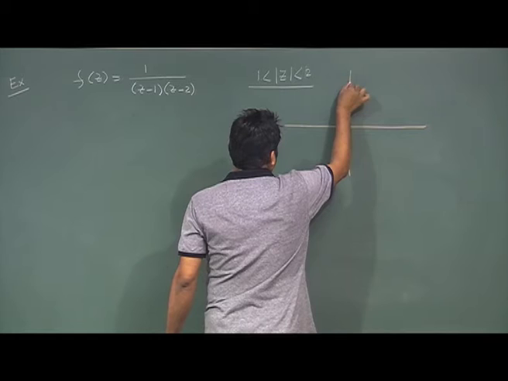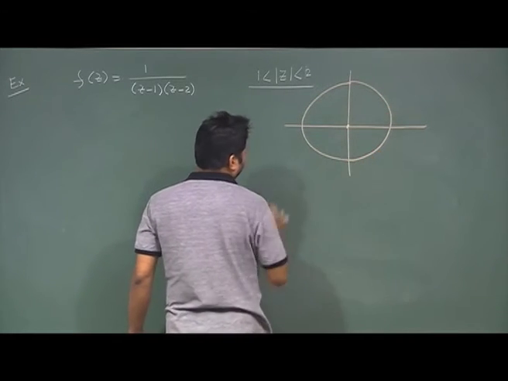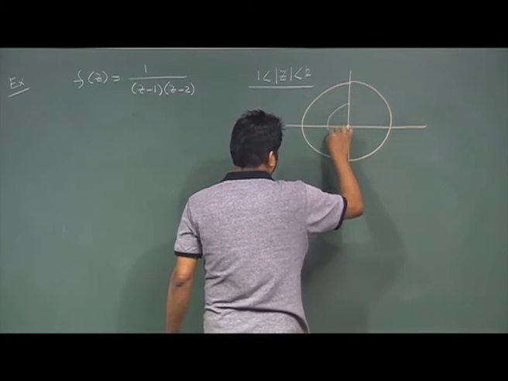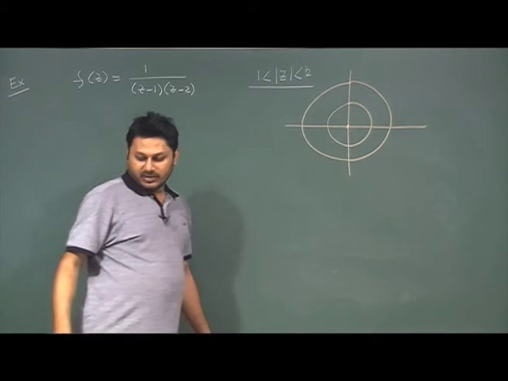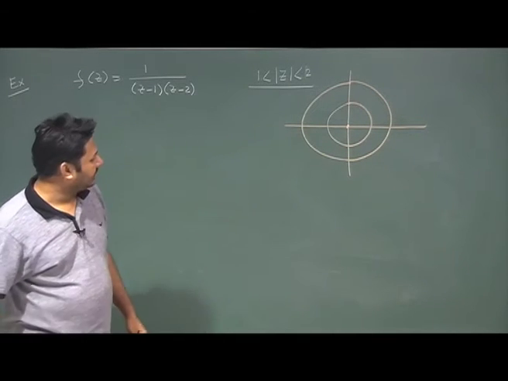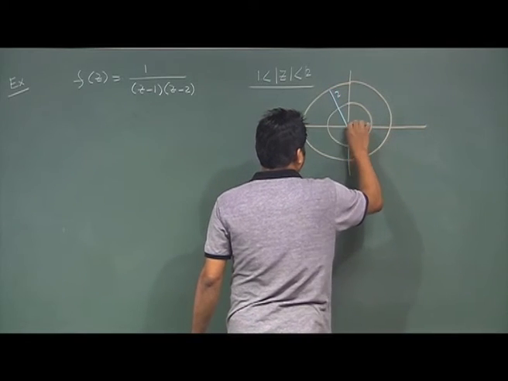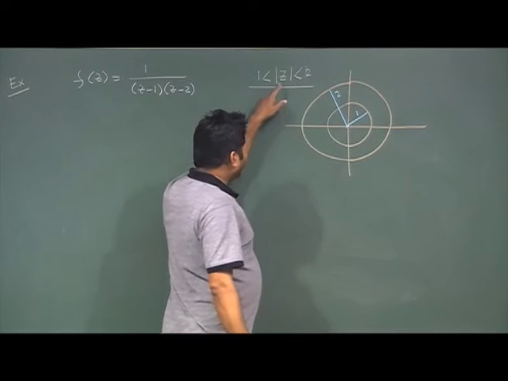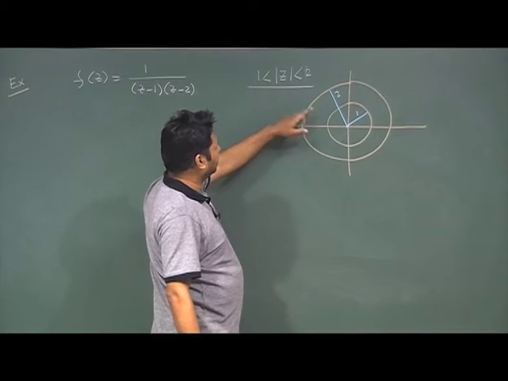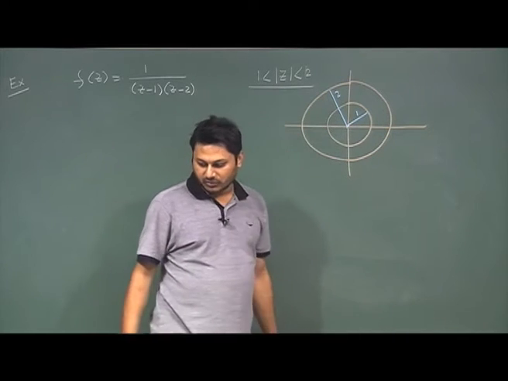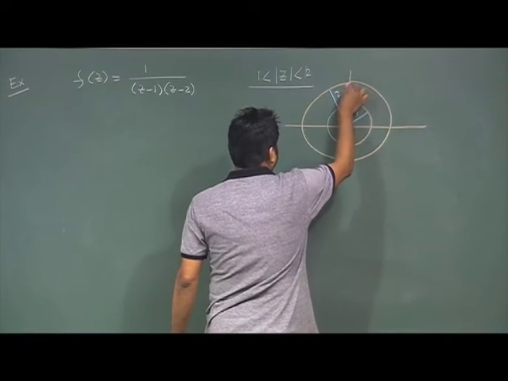Let me draw a circle of radius 2, and another circle of radius 1. Mod of z is less than 2 means all the points inside the larger circle, and mod of z is greater than 1 means all the points outside the smaller circle. So, the region where we try to expand this function is essentially this annular region.